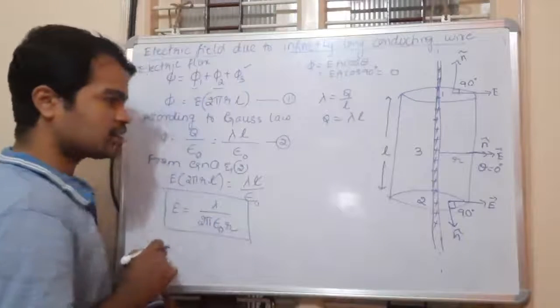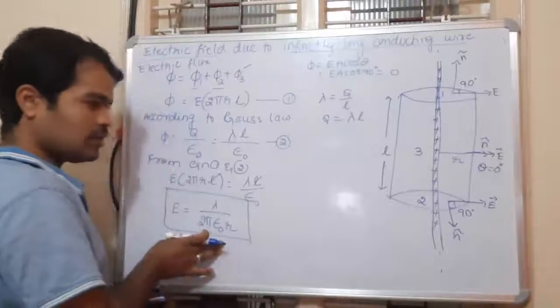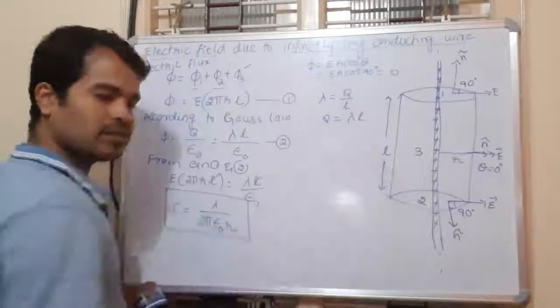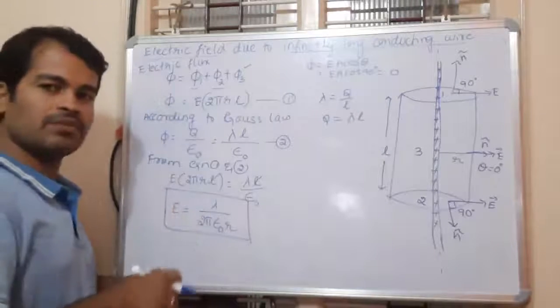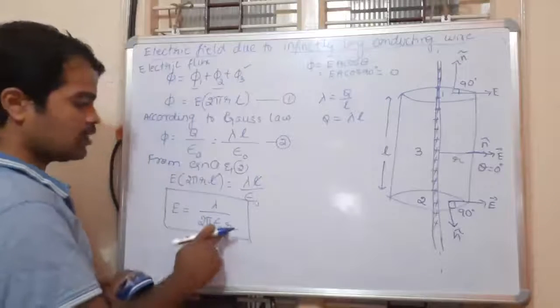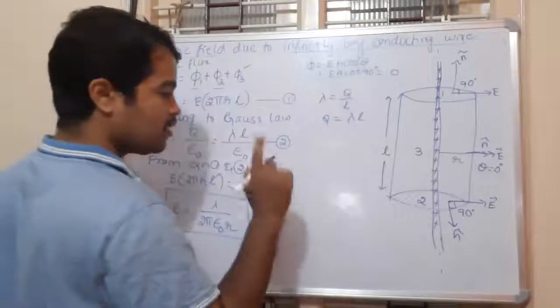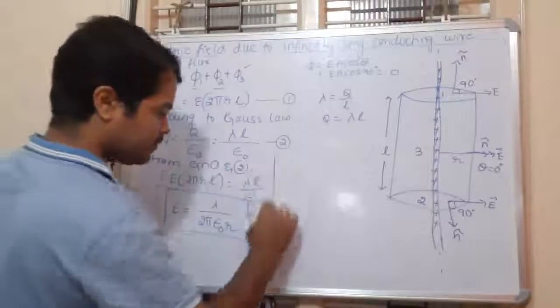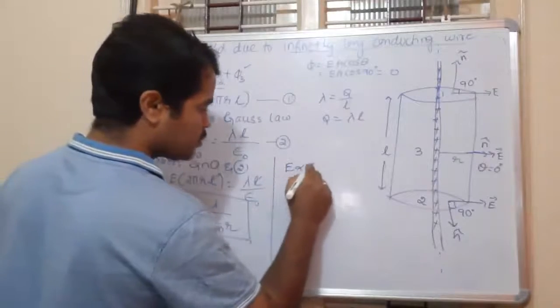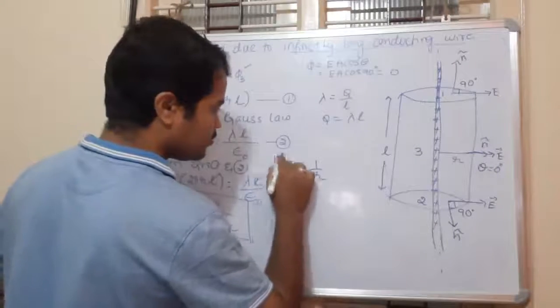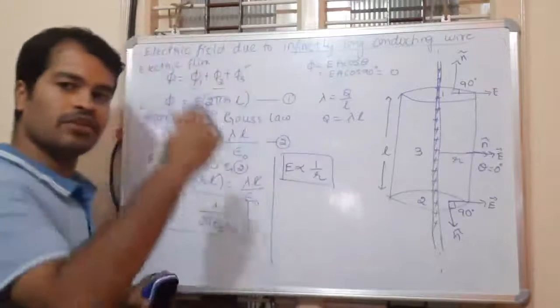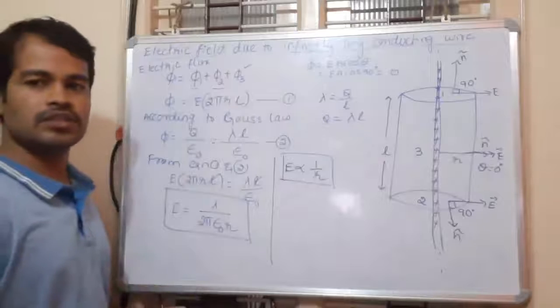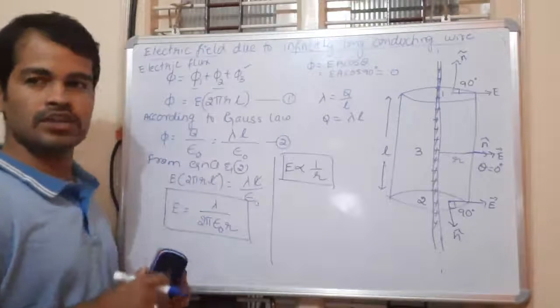From here we can make an observation: is this depending upon the length anyway? No. Electric field doesn't depend on length. It depends on radius r. In this case, electric field is proportional to 1 by r, where we take a continuous, linear charge distribution.